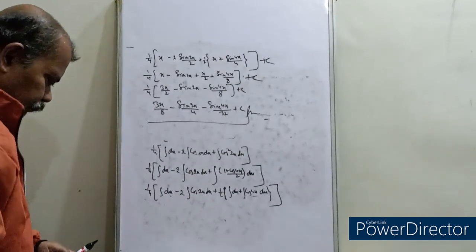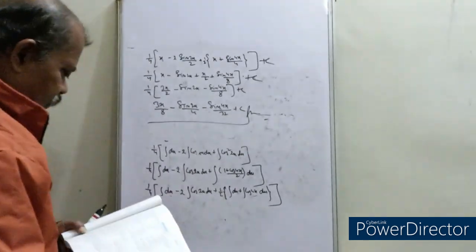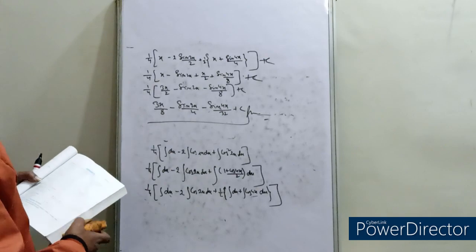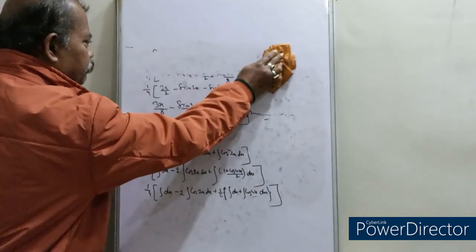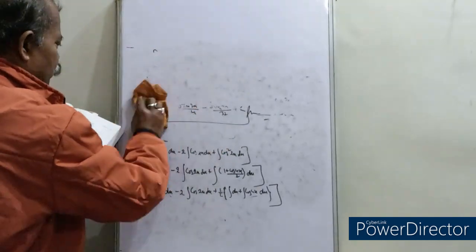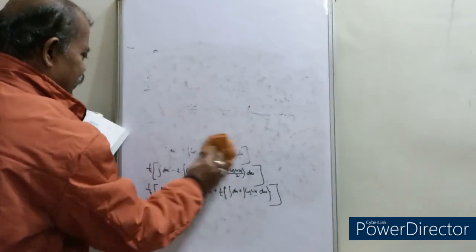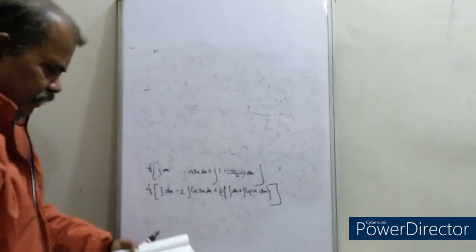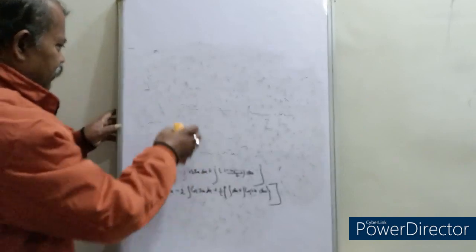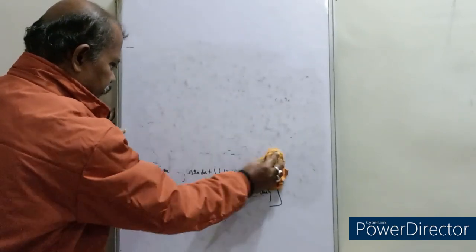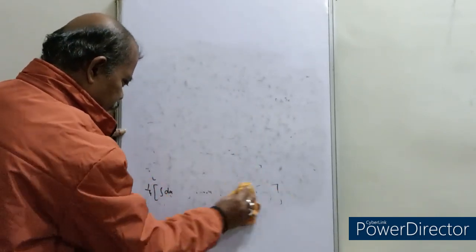Now your question number 11, this is cos to the power of 4, same method. You have to solve it by the same method. Let me show you.